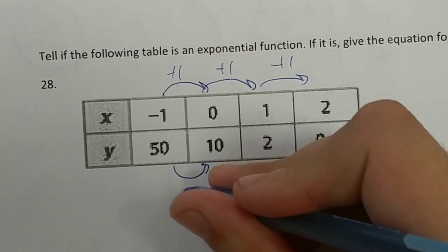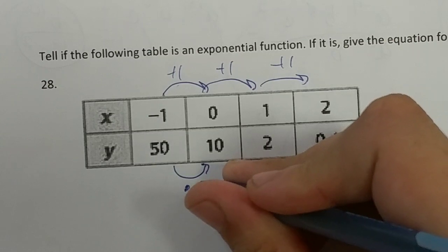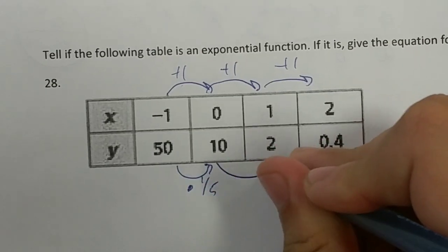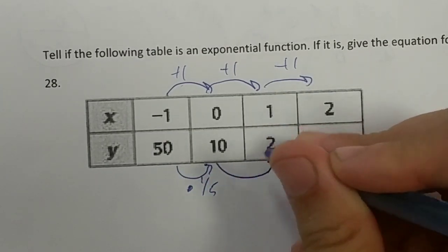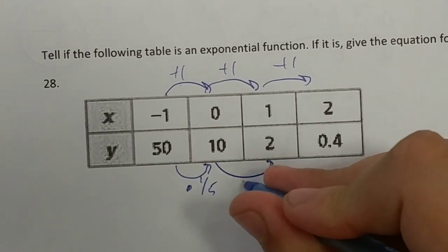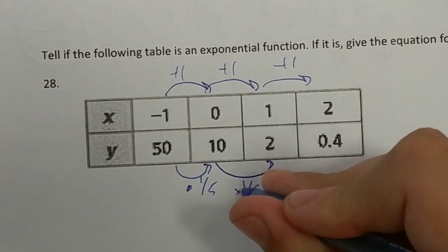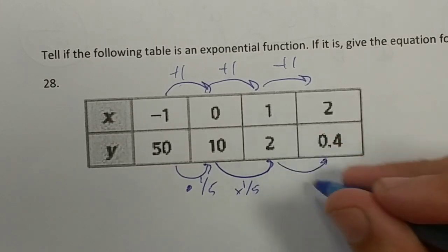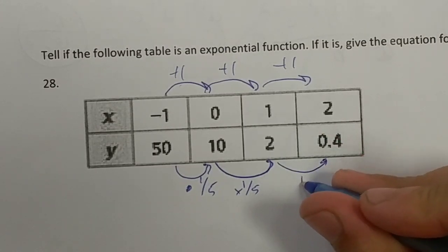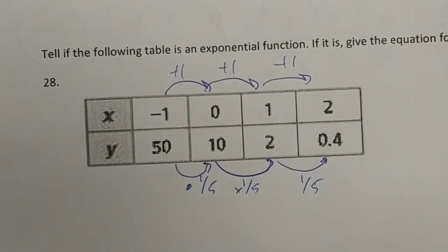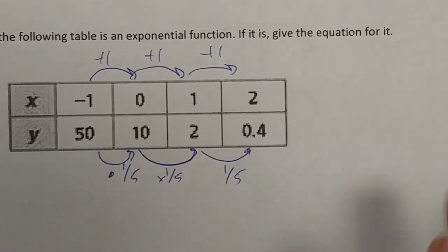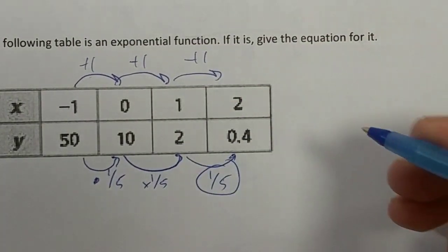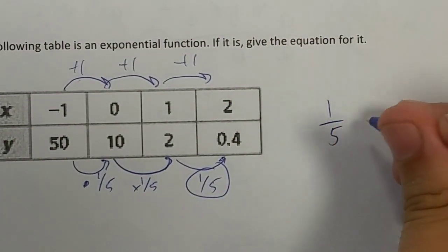But I don't want to write divided by, so I have to do times 1/5. 10 to 2, that's divided by 5, or the same thing as times 1/5. And then 2 to 0.4, if you divided by 5, you would get 0.4. So that's 1 over 5. So your equation is going to be this slope right here. It's going to be 1 over 5.